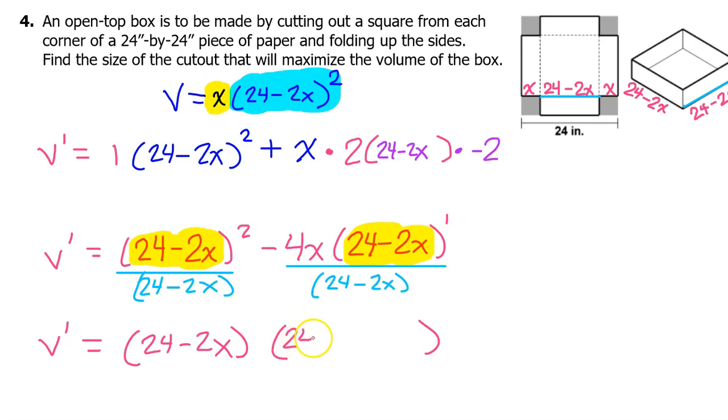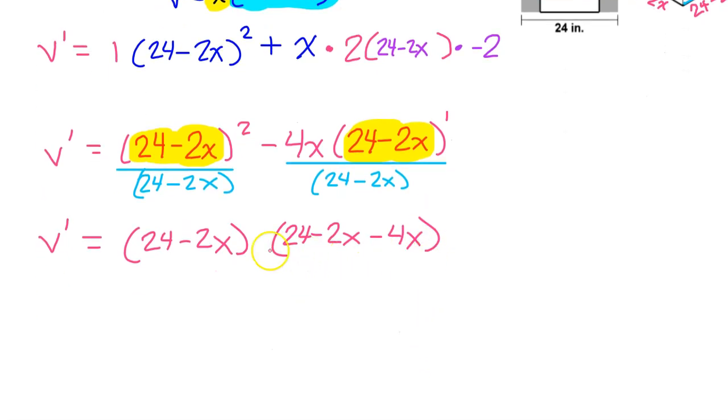So we still have a factor of 24 minus 2x from the first term. From the second term, there's only 1 factor of 24 minus 2x, so these cancel out, and that just leaves minus 4x. So we can now combine these like terms.